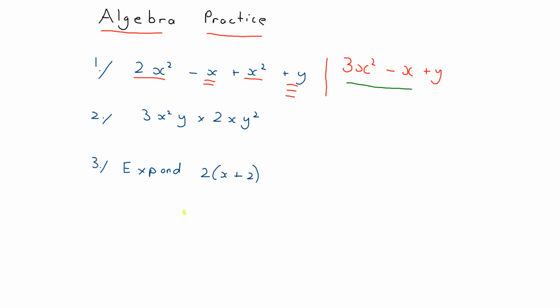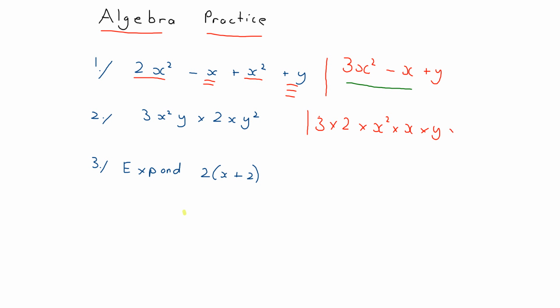Okay, our next question is we want to multiply all these. Now this is a slightly different one. Notice we're just multiplying all these together. Everything's getting times together, so we're going to have a 3 times 2 times x squared times x times y squared.